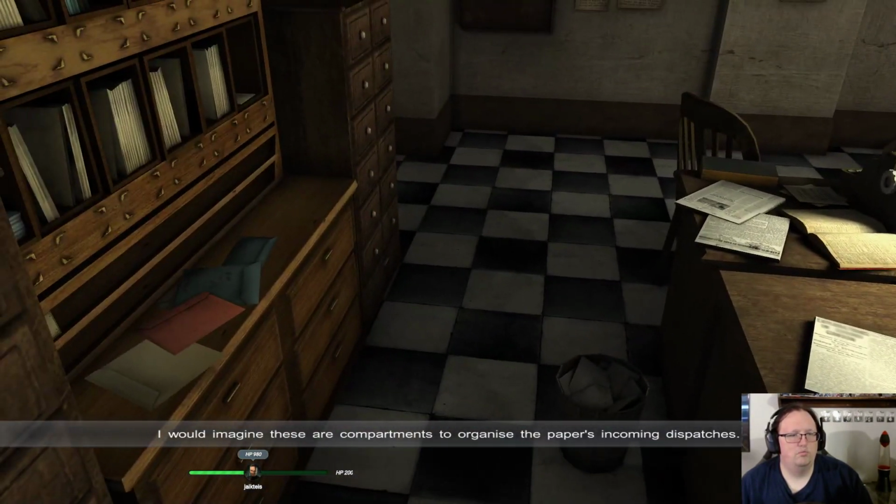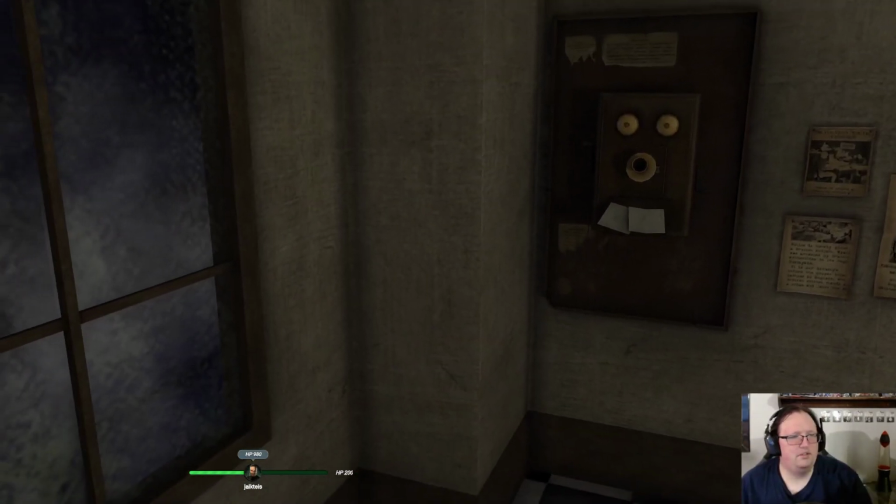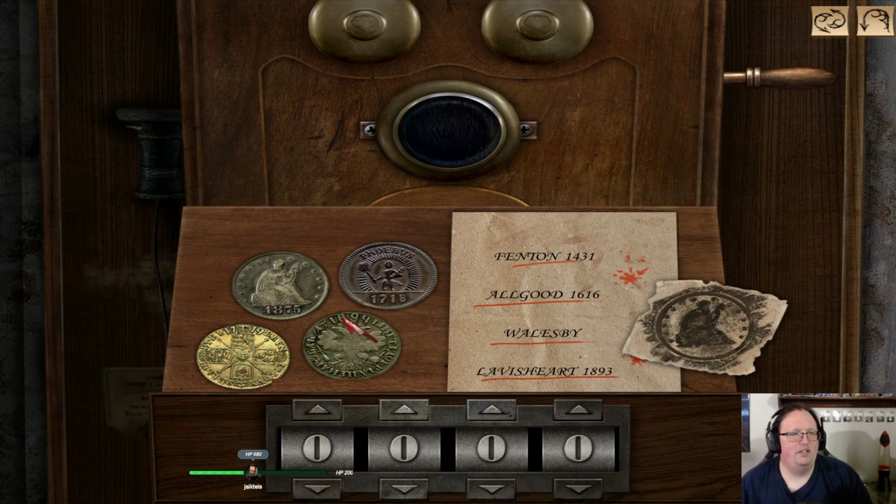Watson? I would imagine these are compartments to organize. If I telephone one of Bulling's contacts pretending to be his assistant, I might learn something of interest. Fenton, 1431.